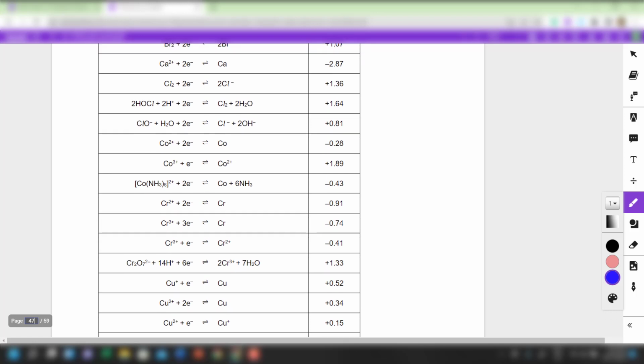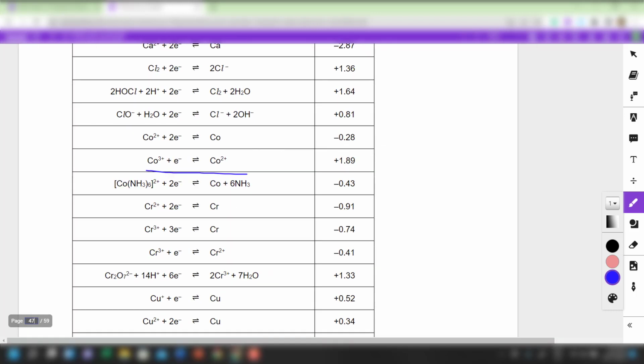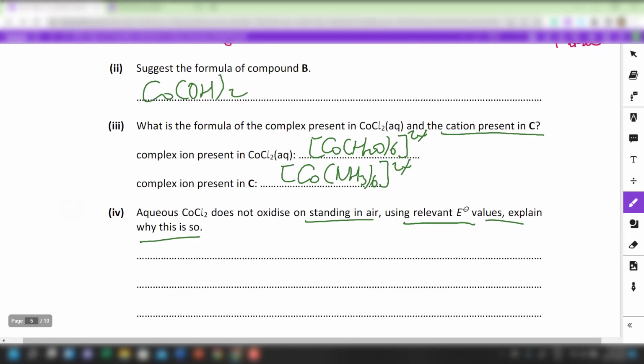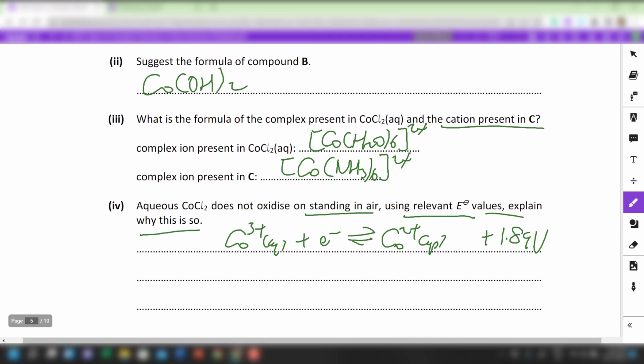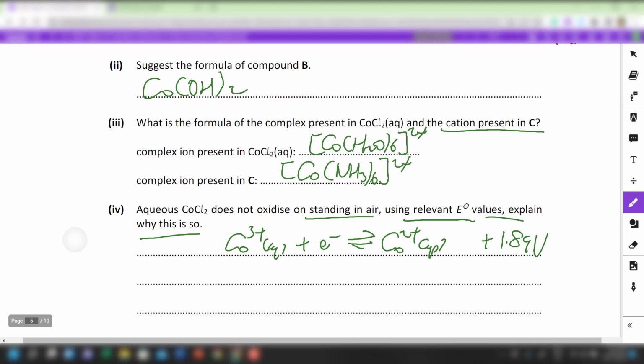We will need Co3+/Co2+. The reduction potential is 1.89 volts, so we're going to copy this down. Co3+ aqueous plus an electron equilibrates to give us Co2+ aqueous, and that will be +1.89 V.